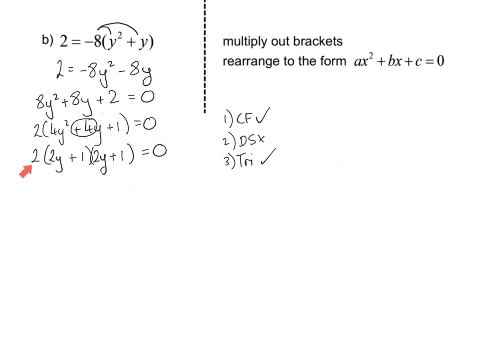However, this 2 here obviously can't be 0, so we can just ignore that. Either this or this must be 0, so we can create our two equations. 2y plus 1 equals 0, or 2y plus 1 equals 0. Both these equations are the same, so obviously they're going to give us the same solution. This is a repeated root, and we could just leave the answers like that.